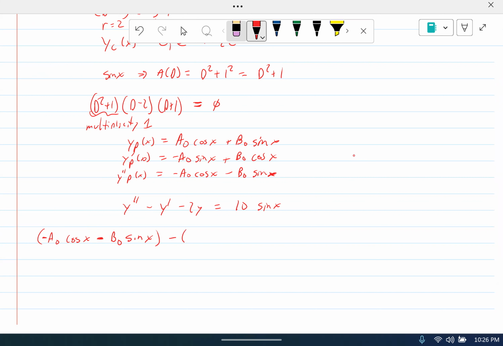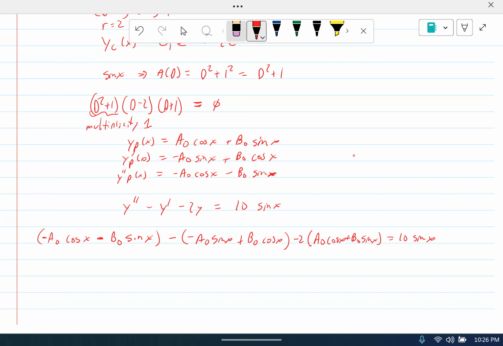Minus y prime, which is the row above it, negative a naught sine x plus b naught cosine x, minus 2 times the original, which is a naught cosine x plus b naught sine x, is equal to 10 sine x.